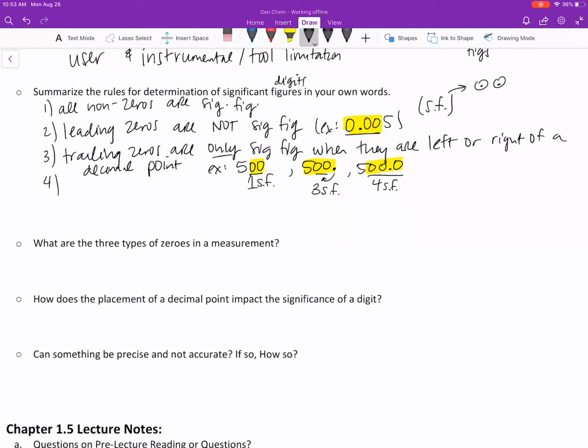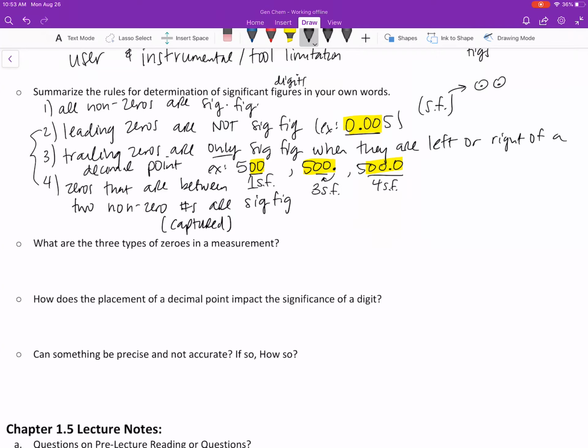Okay, the rules with the zeros are probably the most confusing. Now, zeros that are between two non-zero numbers are significant, and we call them captured.